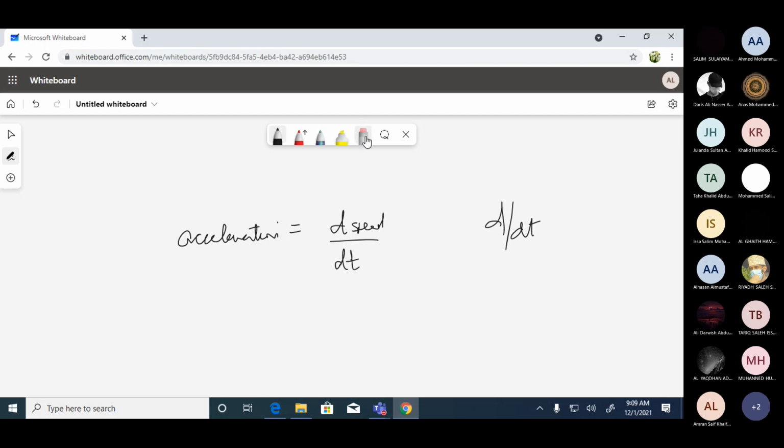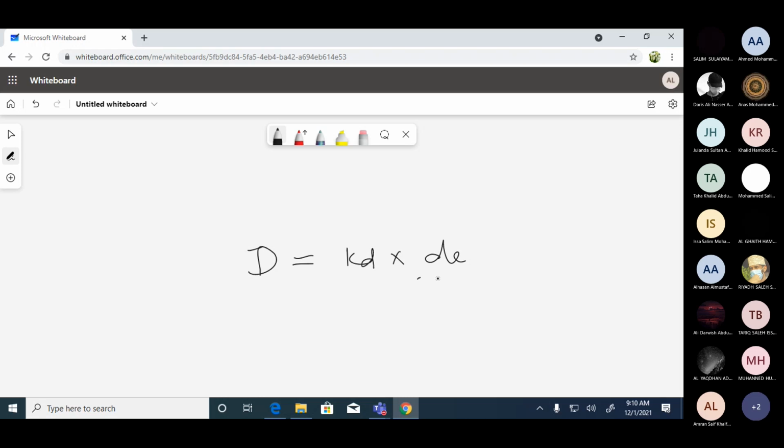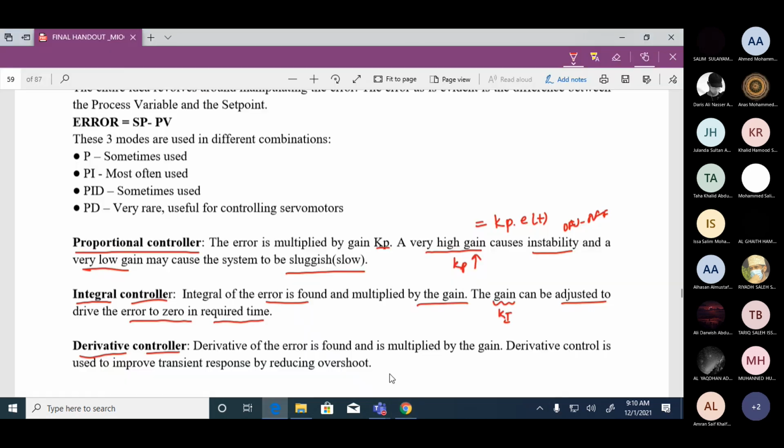Okay. So what is meant by derivative control? Derivative control means the output of the derivative controller will be Kd multiplied by the derivative of the error. You are going to find the rate of change of error multiplied by the derivative gain. So here you have the derivative gain, which is Kd.